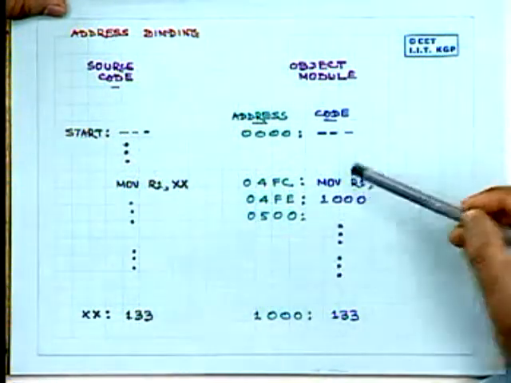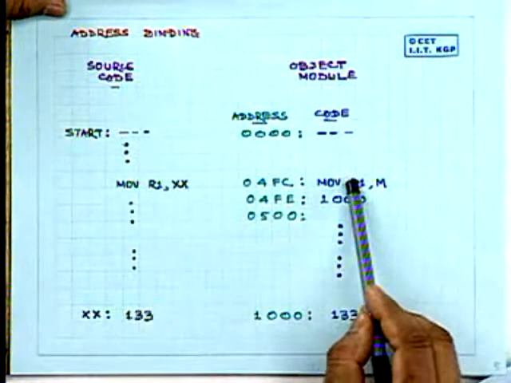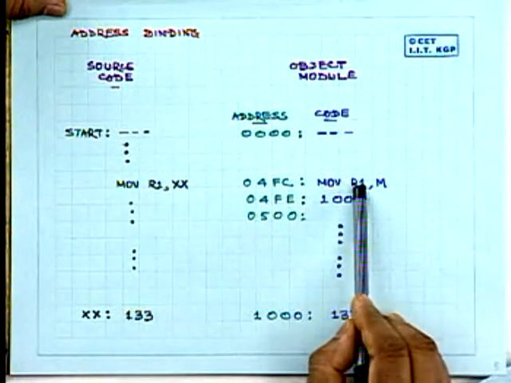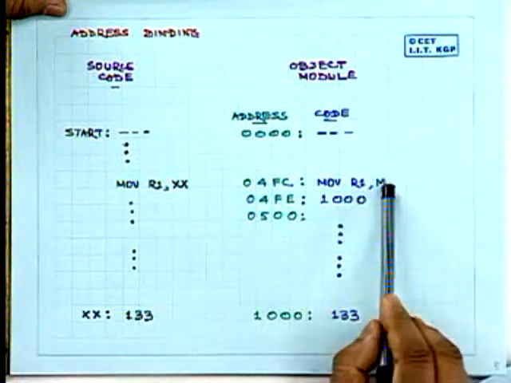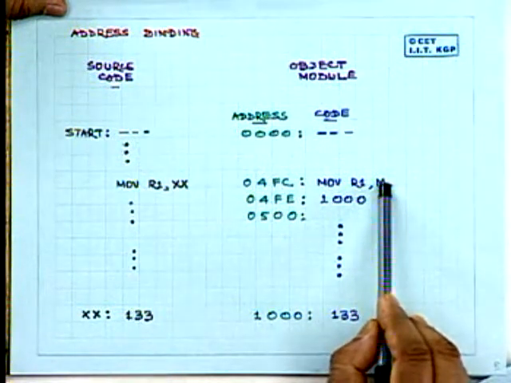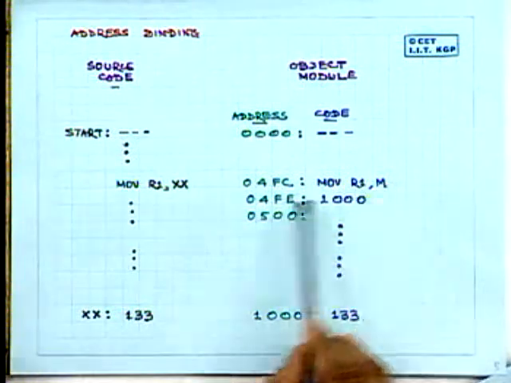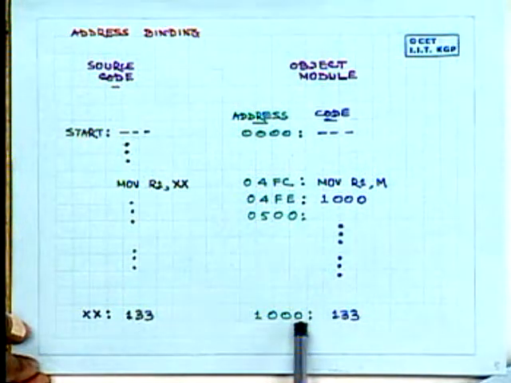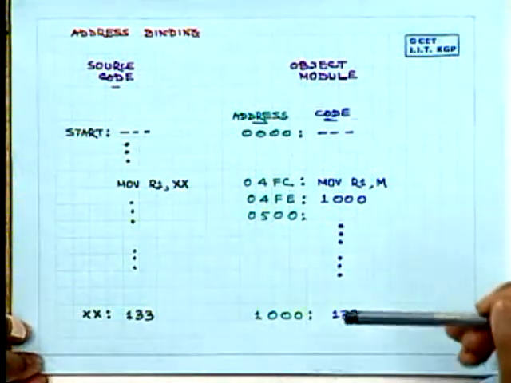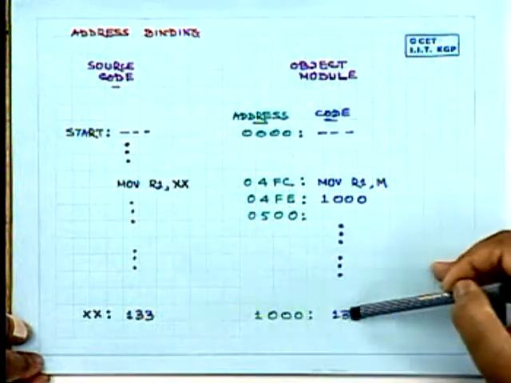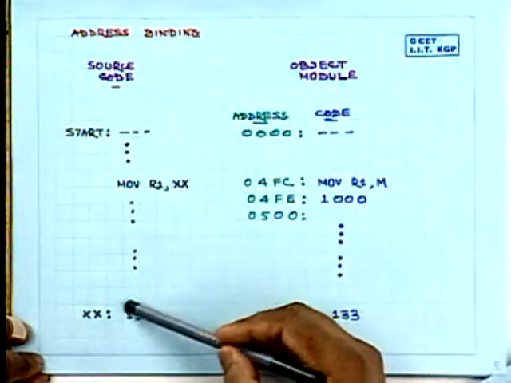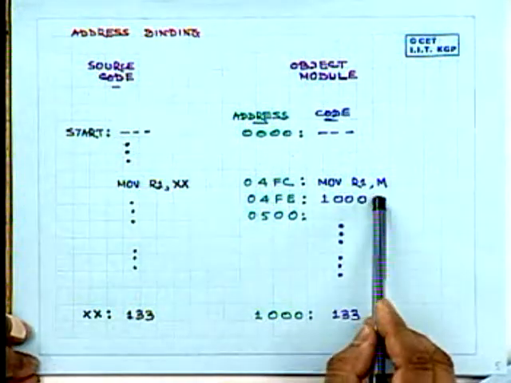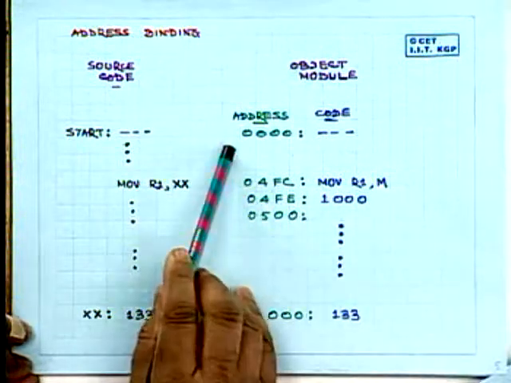Here you see that MOVE R1, XX will ultimately be broken down into two words. One should contain the move and the register assignment, and the same shows that it is a direct memory reference. And since XX has been bound at compile time to location 1000, at location 1000 I have kept 133, the content of X. Now you see this once more is a relocatable address with respect to 000.